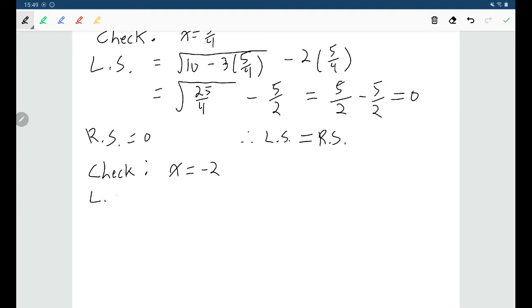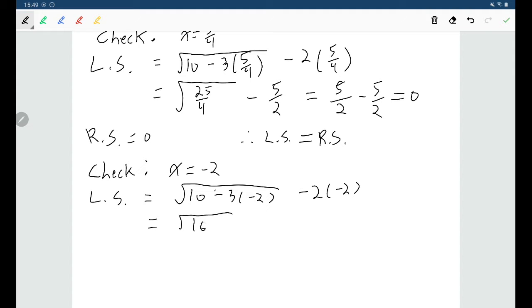Now let's check negative 2. So again, we'll be putting in our value for x into the left side of the equation and seeing if it makes it equal to the right side of the equation. So here we'll have square root of 16 plus 4. That's 4 plus 4, or 8. The right side of the equation is still 0.